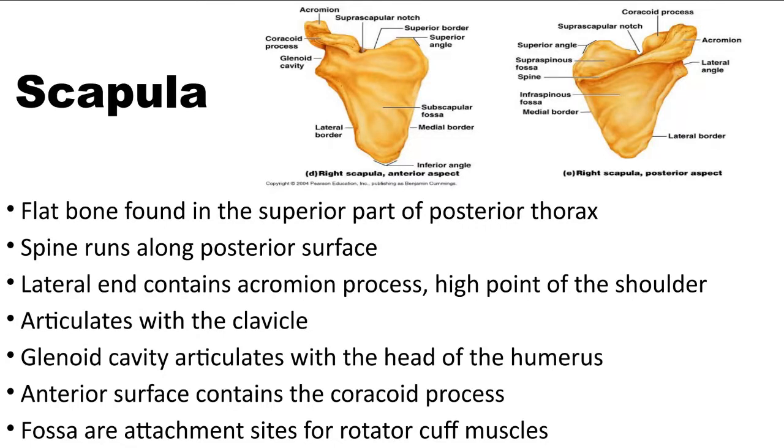The fossae, or shallow basin-like areas, are attachment sites for the rotator cuff muscles. The subscapular fossa is on the anterior side. The supraspinous fossa and infraspinous fossa are on the posterior side.